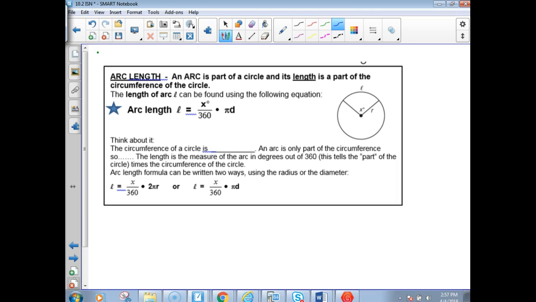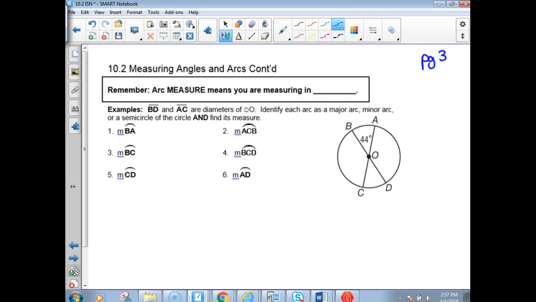Measuring angles and arcs, continued. Arc measure means you are measuring in degrees. Arc measure is just the same as the central angle measure.